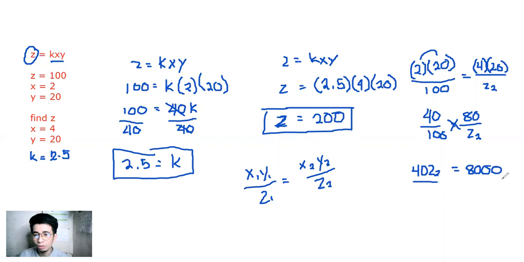Then we divide both sides. We only need C sub 2 to remain. Divide both sides by 40, so that on your calculator, only C sub 2 is left. Then on your calculator, what is the value of 8,000 divided by 40?